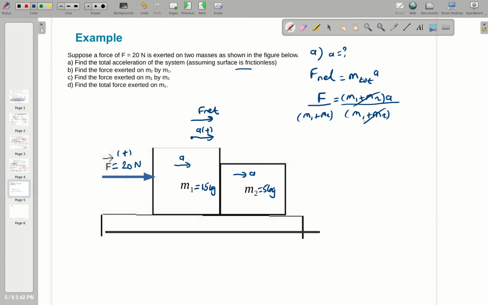And I'll find my acceleration. If I had 10 masses here, I would add them: m1 plus m2 plus m3 plus m4 up to 10. All the masses should be added, and if they're moving together, all of them will have the same acceleration. Okay, so A is equal to F divided by m1 plus m2. Let me rewrite this.